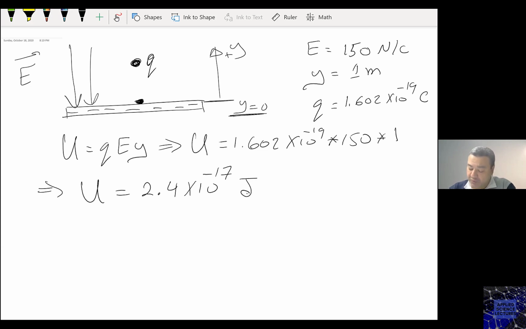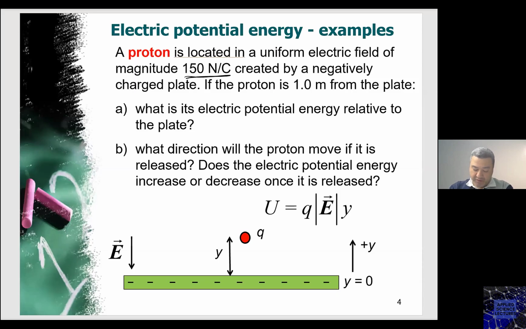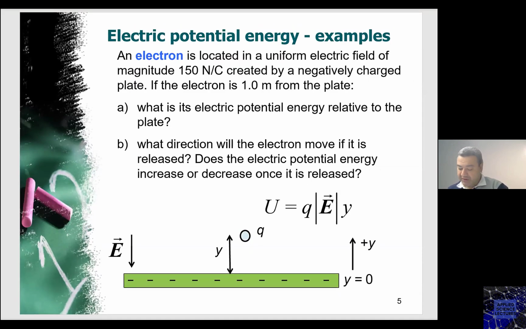Definitely it will move toward decreasing its electric potential energy, and in this case this proton is going to go in this direction. Yes, it is decreasing its electric potential energy. So move to the next slide.